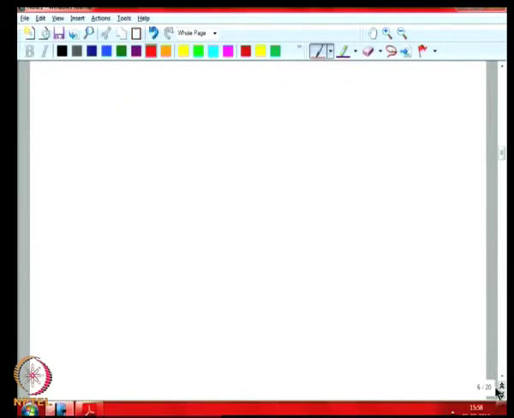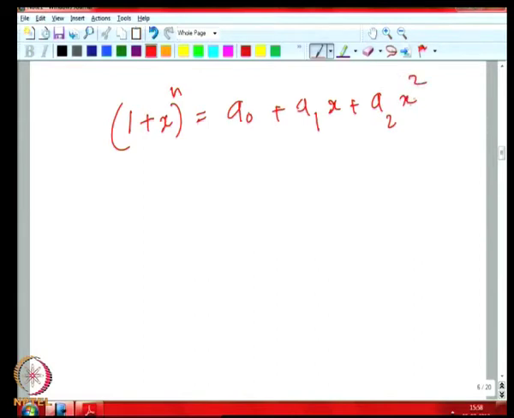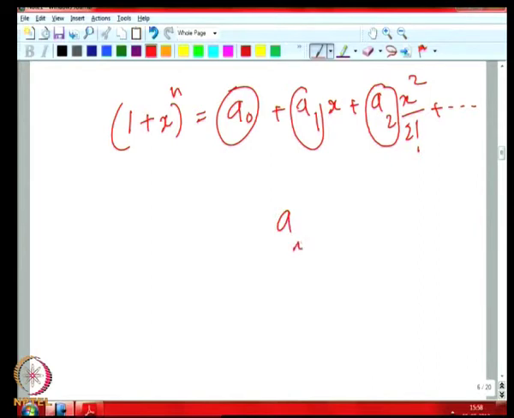In other words, if I want to write 1 plus x raised to n as some a0 plus a1 x plus a2 x square by 2 factorial and so on, then what should be this a0, a1, a2, or a r, say? You can easily see that it is n p r.